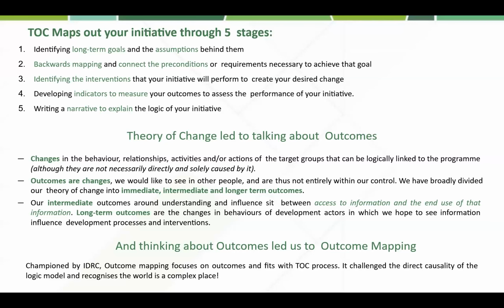So our immediate outcome is around understanding and influence. This middle part helps you to understand that even if you have access to information, that doesn't mean access to information is a long-term outcome. It should fall into the immediate or intermediate outcome category.